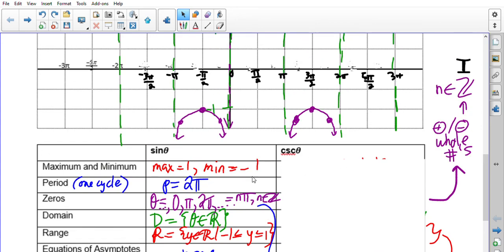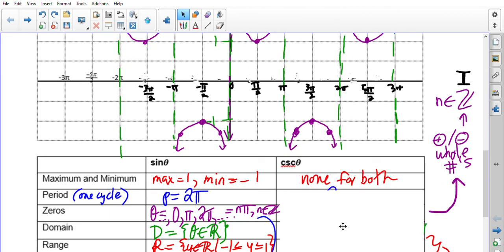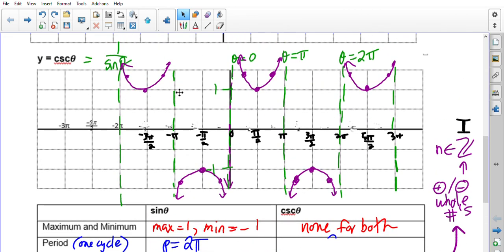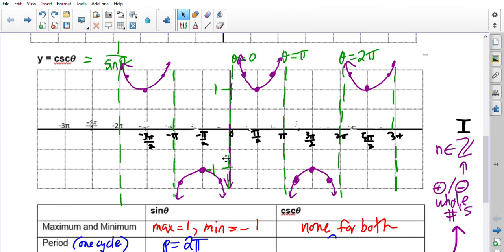All right, cosecant. So now we're looking at this purple graph here. Notice that it has no max or min values, and that's because it's composed of parabolas that are opening up without bound and down without bound. So it doesn't have absolute maximums or minimums. So I'm going to put here none for both in terms of absolute.